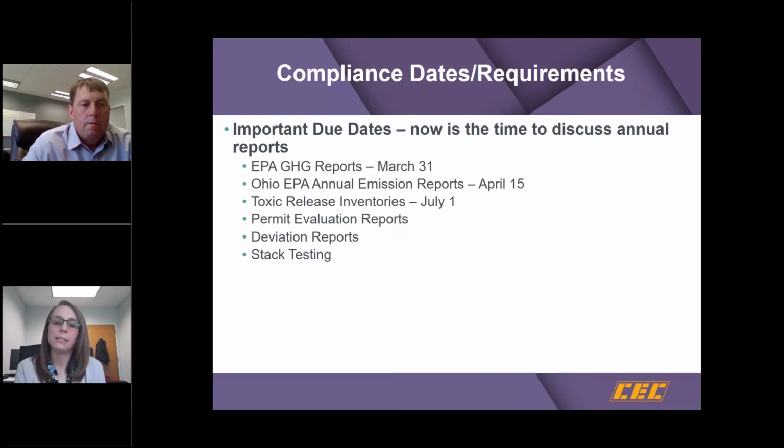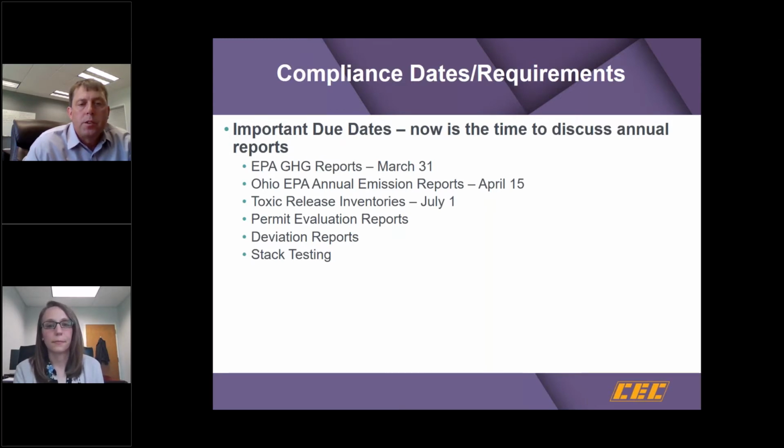You'd want to submit a deviation report to let the agency know what happened and what you had done to remedy the situation. And then of course any emission testing would be identified in your permit as well. Some Title V permits that are subject to federal regs have a recurring stack testing requirement in their permit.